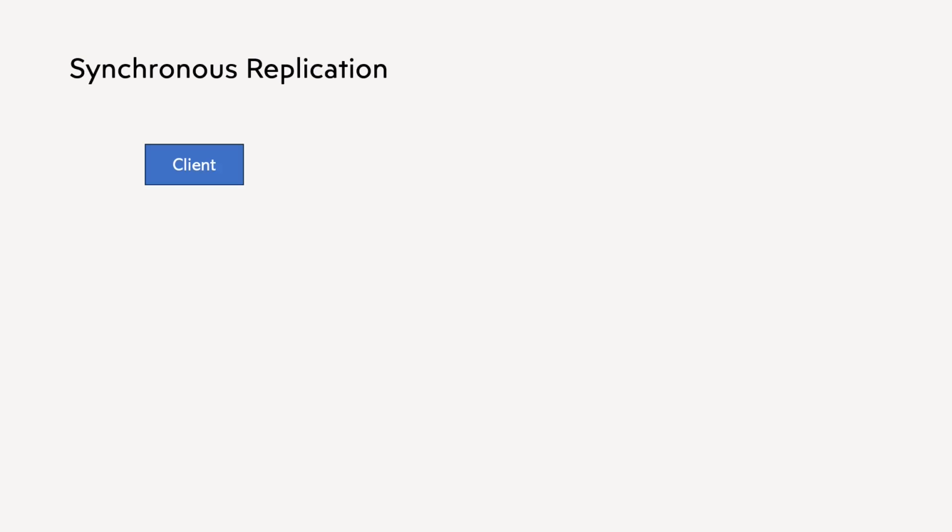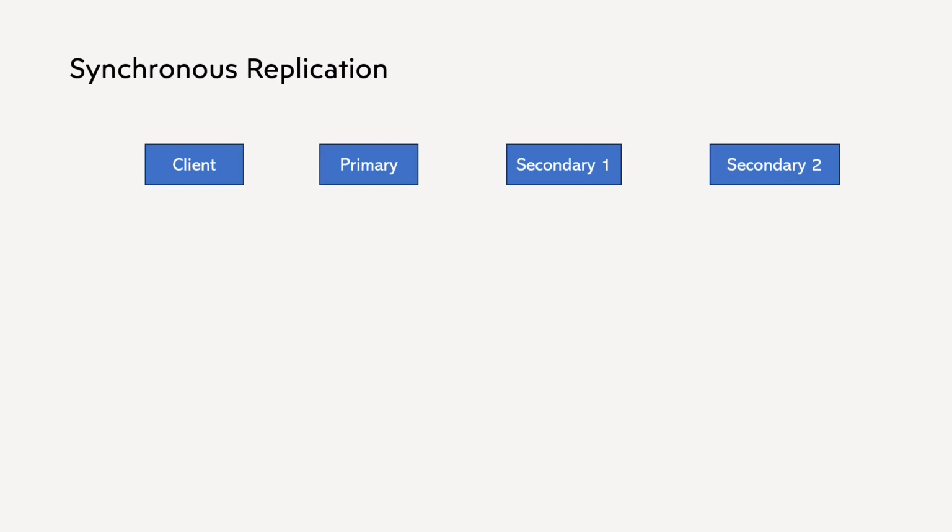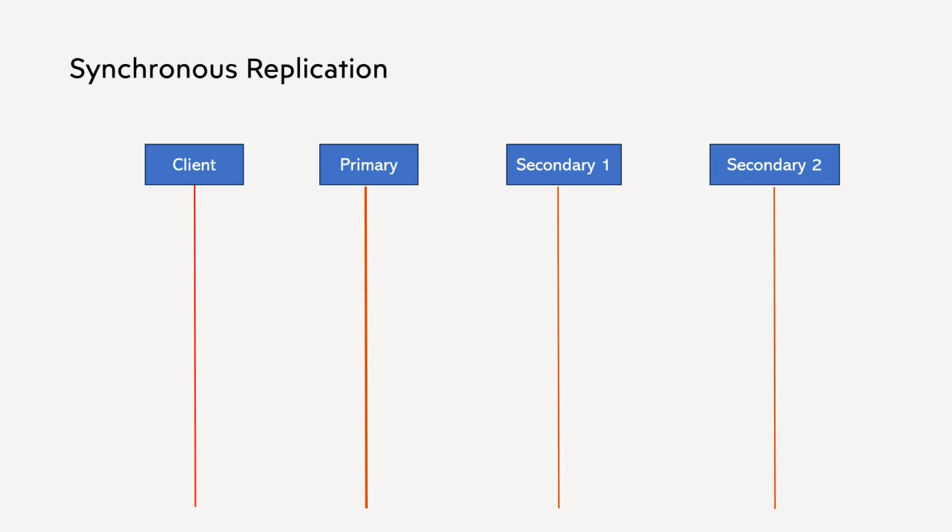Here we have a client, the primary node, and the secondary nodes. In synchronous replication, if the client wants to write something, the request goes to the primary node. The primary node's responsibility is to propagate these changes to the other secondary nodes.